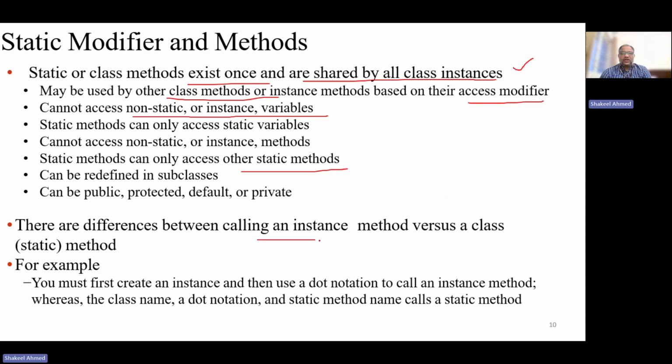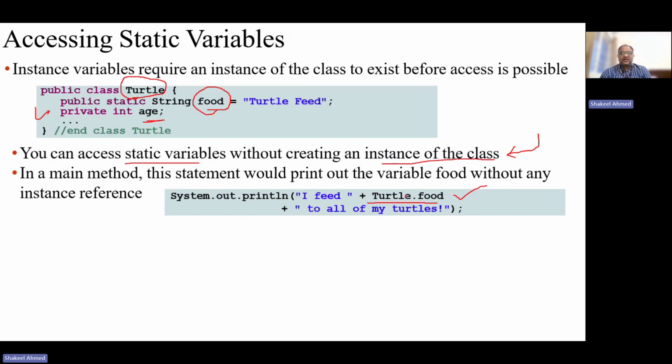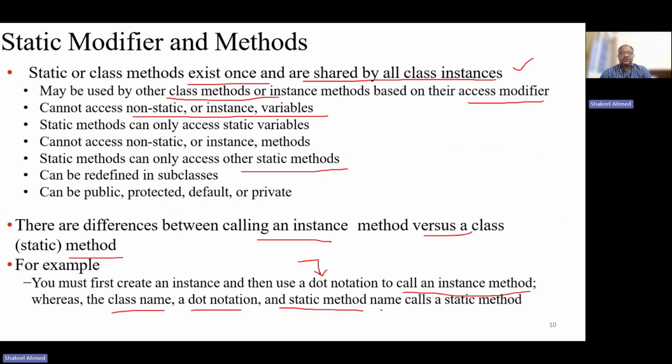So there is a difference between calling an instance method and a class method. You saw how you call an instance method and how you call a class method. For an instance method, you must first create an instance and then use dot notation, whereas for a static method you use the class name with dot notation.